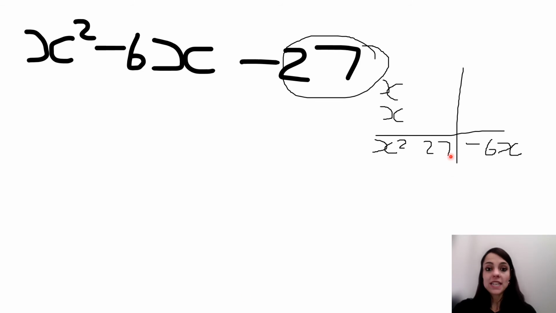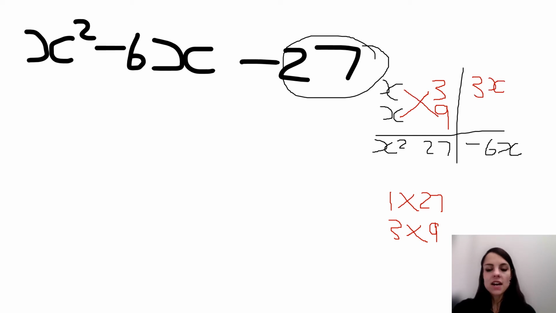Then we have 27. Now 27, 1 times 27, or 3 times 9. 1 and 27 will never give you 6. So in this instance, it's quite easy to see. It will be 3 and 9. What do we do now? We cross multiply. X times 3, 3x.